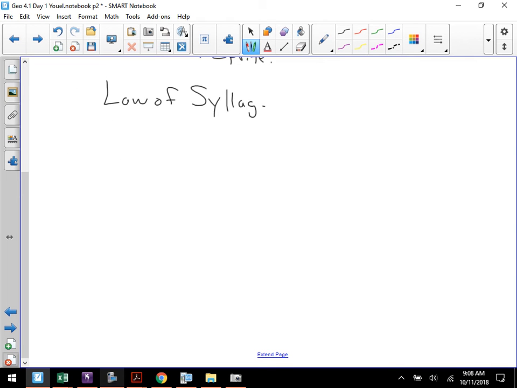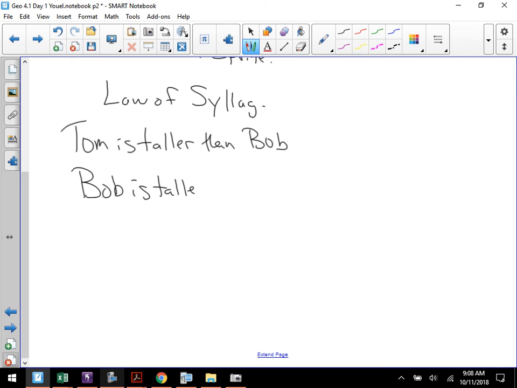The easy one we did was: Tom is taller than Bob. Bob is taller than Sue. Therefore, what can you say?